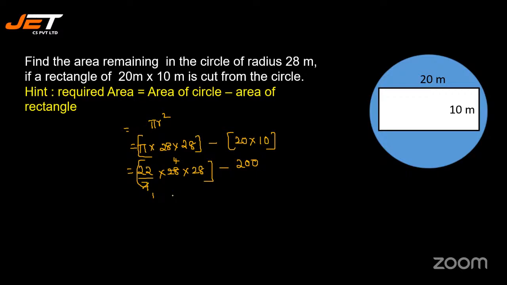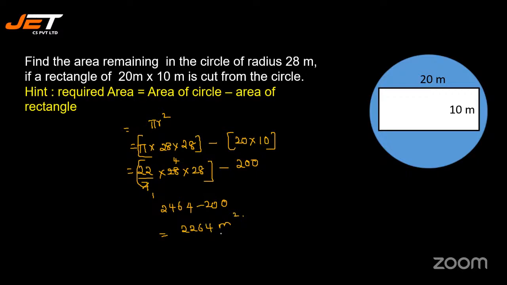So 22 into 4 becomes 88 into 28 will give us 2464 minus 200 will give us 2264 meter square.